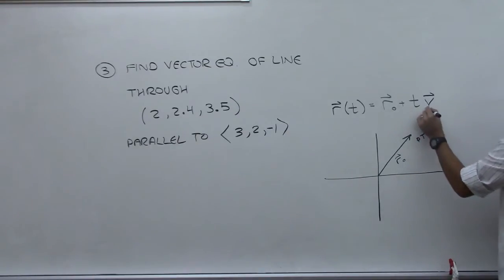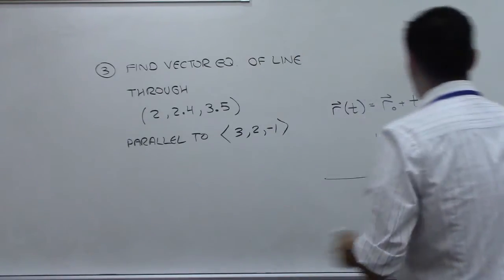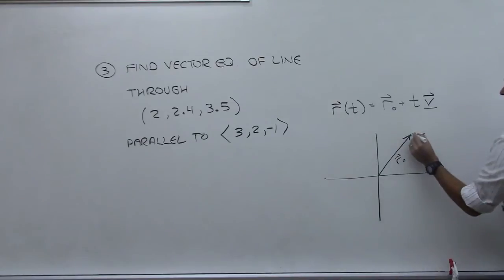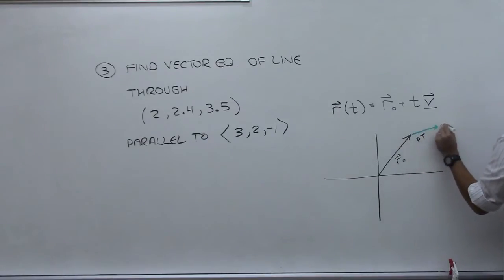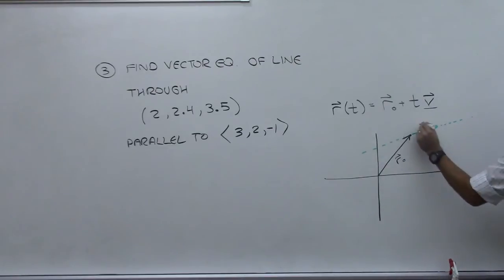And then v in the problem is the direction of the line. That's some other vector that shows me the direction of the line, and of course the line extends forever in both directions. So this is our v. That's what we always need in order to determine the vector equation of a line.